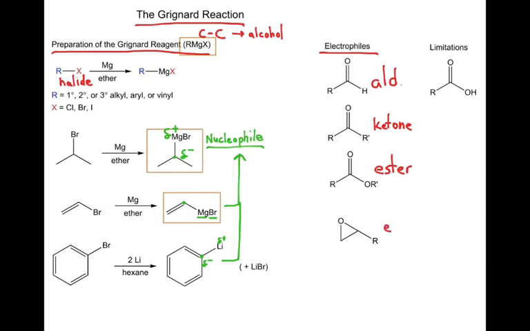And below that we have an epoxide. And all of these compounds here are very good electrophiles. So what we really need to do for our nucleophiles, we've identified the nucleophilic carbon. That's the carbon attached to the magnesium, or the carbon attached to the lithium. Now we need to identify which of the carbons is electrophilic.